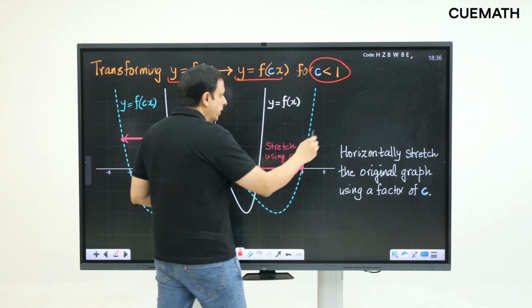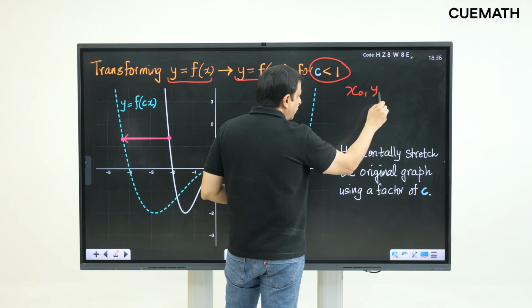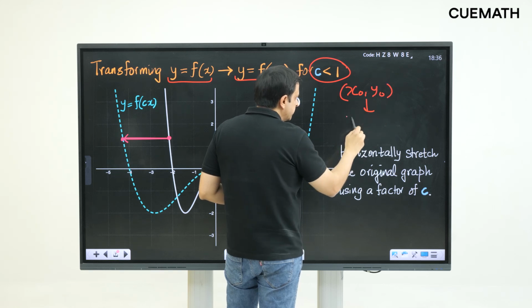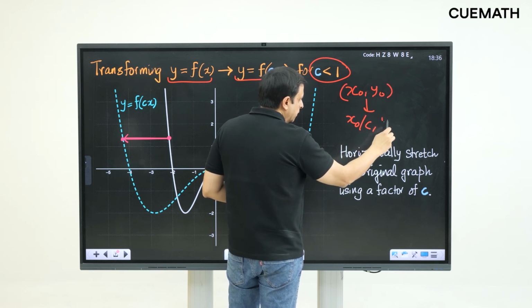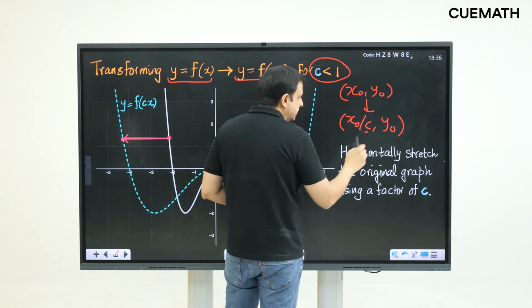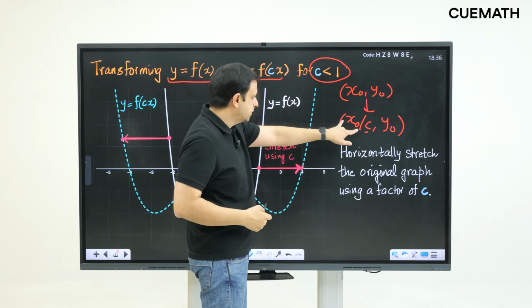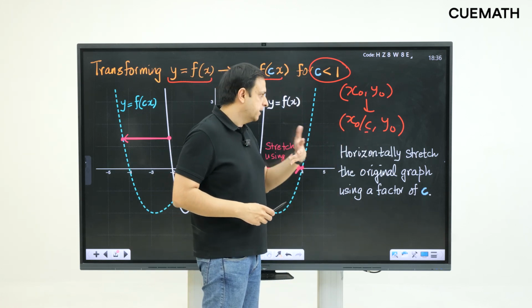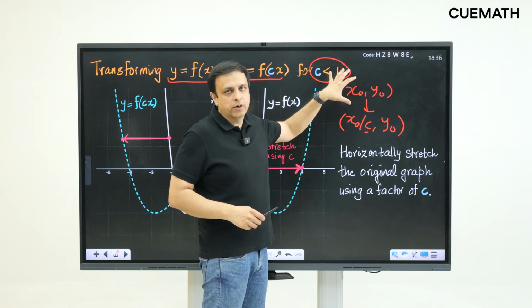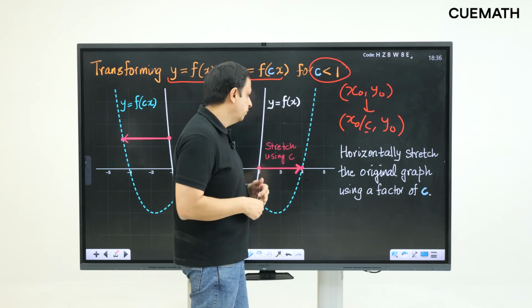Once again, every point x naught comma y naught is transforming to this new point x naught by c comma y naught, but in this case c is less than 1. So your x naught by c actually has an absolute value greater than the absolute value of the original x coordinate.